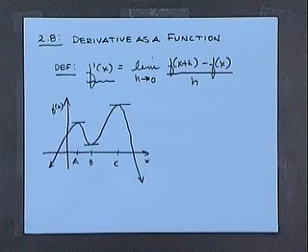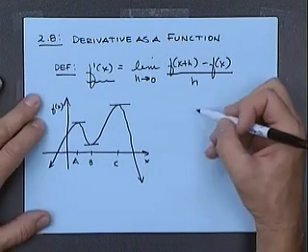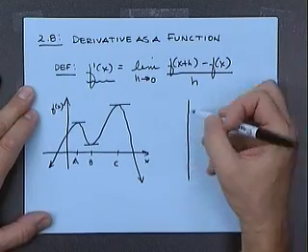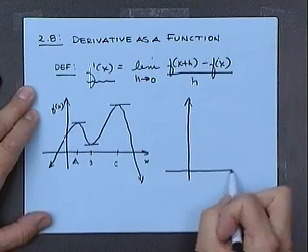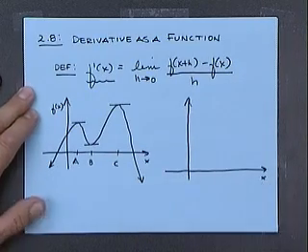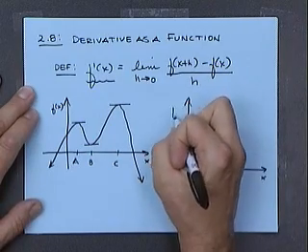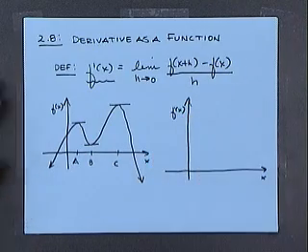So if we're using the picture of this function to come up with another picture, the x value is still here on the x-axis, but this time the so-called y-axis is not the f of x axis, it's the derivative.